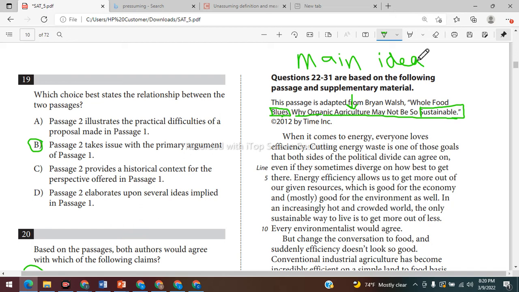Why? Do you understand it? Or you need me to explain it? Some parts I can. Some parts, okay. Alright. So the main idea of this passage, right? The title summarizes it all. Why organic?